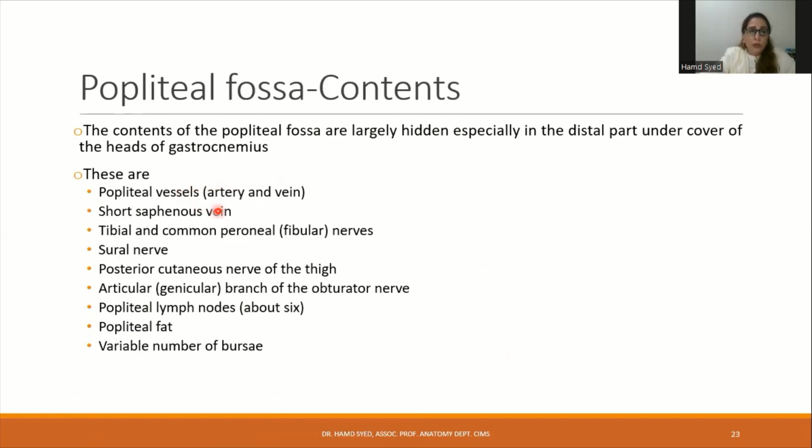First of all, the very important popliteal vessels, and along with them is the short saphenous vein, and the important and prominent nerves, which are the tibial and common peroneal nerves. Also, other nerves are present in popliteal fossa, including the sural nerve, the posterior cutaneous nerve of the thigh, and the genicular branch of obturator nerve, which supplies the knee joint. There are also about 6 lymph nodes and fat in the popliteal fossa and a variable number of bursae.